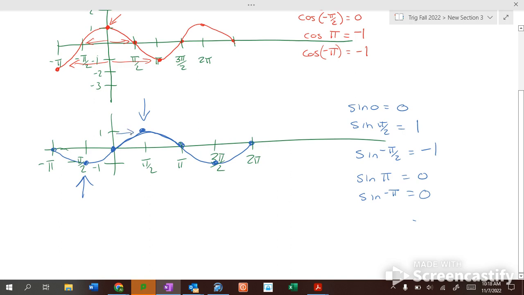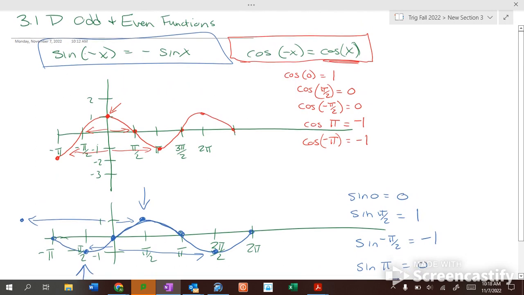So when I go this way, it's going to be the opposite sign this way. If I go this way to 3 pi over 2, I'm at negative 1, so 3 pi over 2 this way will be at a positive 1. So the sine of a negative number is the opposite of the sine of the positive number. The sine of pi over 2 is 1, so the negative of that is the sine of negative pi over 2. Okay? So that's how it works with these.